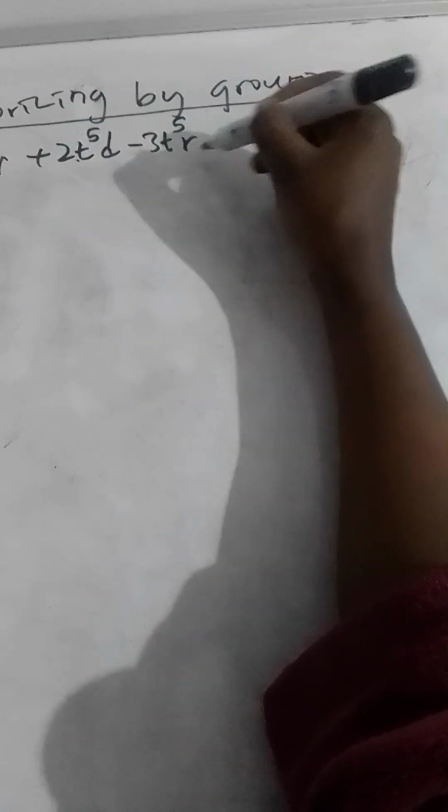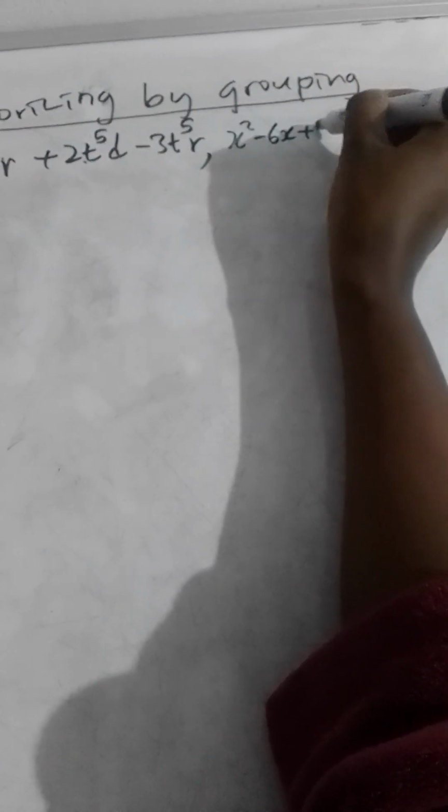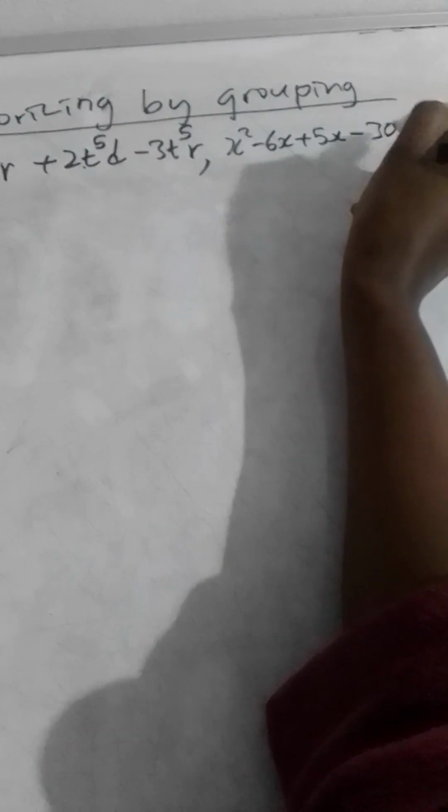So 6d minus 9r plus 2t to the power of 5d minus 3t to the power of 5r. Then the second one, we have x squared minus 6x plus 5x minus 30. Then the third one, we have ab minus a squared minus a plus b.